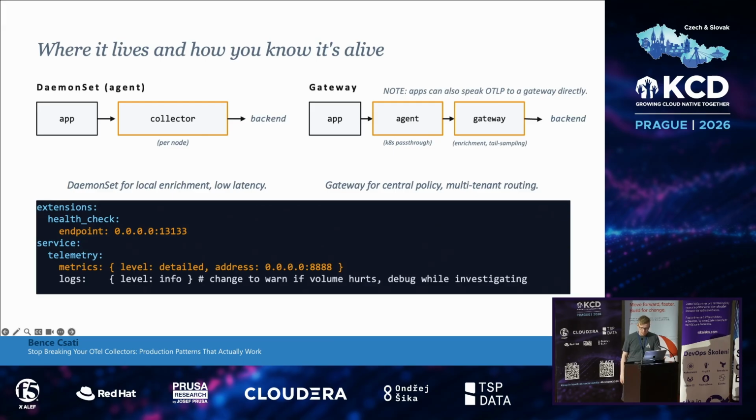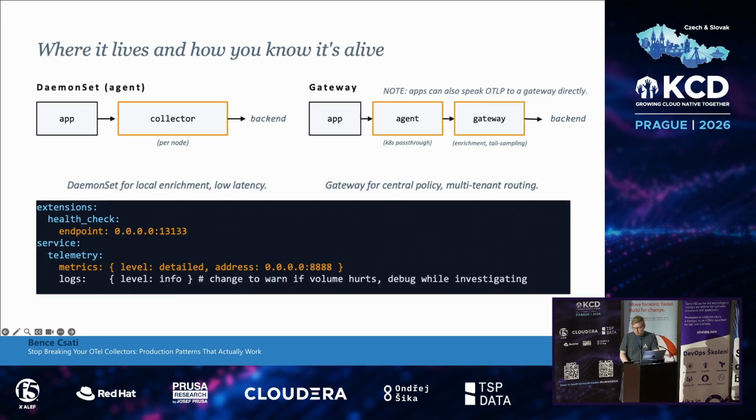On the gateway side, the gateway wins in scenarios where you need a central policy with tail sampling at scale, and other responsibilities, for example multi-tenant routing, at the gateway level itself. If you're using tail sampling, all spans of a trace need to connect at one point, and the gateway is a good answer for that.